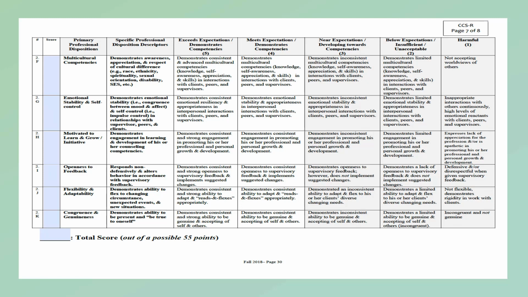And then finally, congruence and genuineness. Be real. Don't be one way in the classroom and then another way on group meet. Don't be one way on group meet and another way in the classroom. Be real. Let your yes be your yes and your no be your no. What you say and do should be authentic.